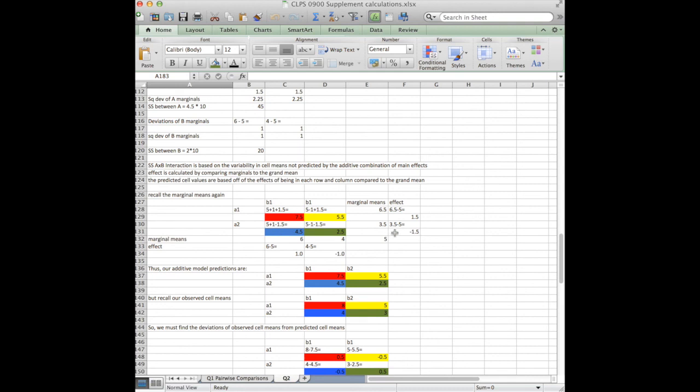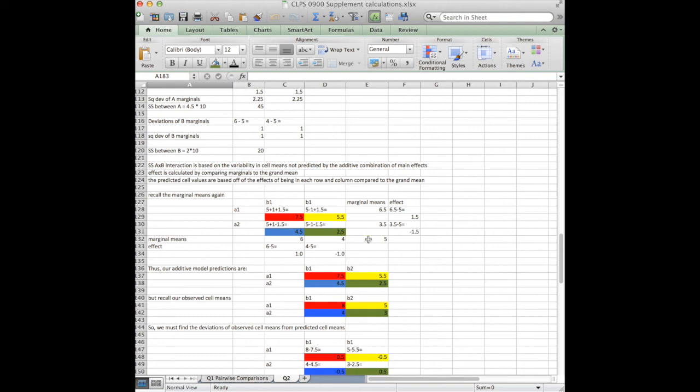So let me step you through what all of this means. Recall that we had these marginals. We have 6.5 and 3.5 for factor A, and 6 and 4 for factor B, and the grand mean is 5.